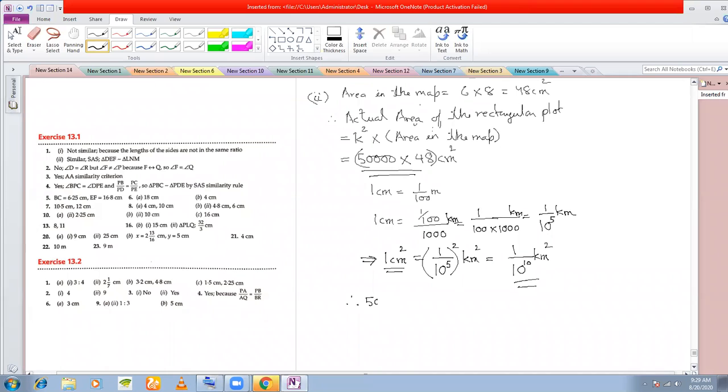Therefore, this much centimeter square is equal to this much into 1 by 10 to the power of 10 kilometer square. And now you can work it out.